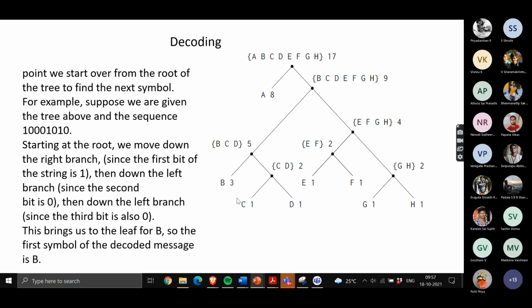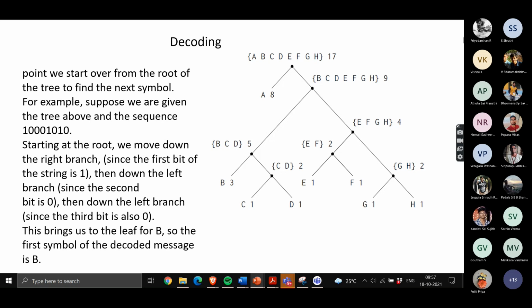So you reach C. So the symbols are B, A, C. This is the way you have to decode the data. For decoding, assuming the Huffman tree is available and the input bit pattern is available, you find the equivalent symbols.